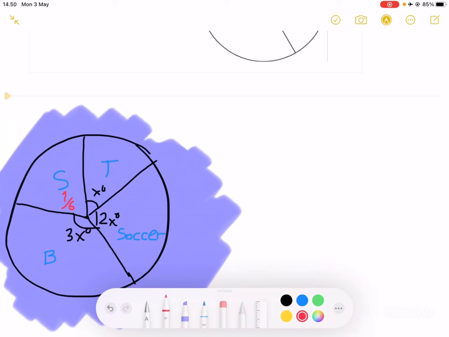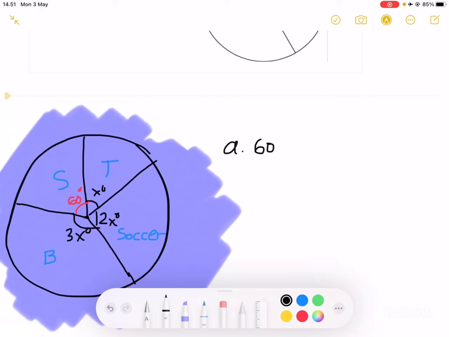So let me just label 1/6. Now 1/6 of this whole pie chart is actually equal to 60 degrees, since 1/6 of a full rotation of a circle, which is 360 degrees, is 60 degrees. And with this, we can form an equation in terms of x, like so.